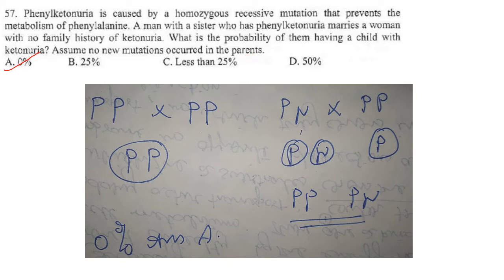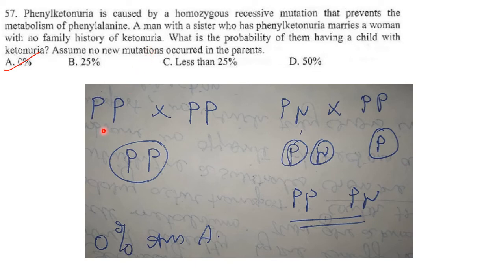So now the man does not have phenylketonuria, but his sister has phenylketonuria. So he can have two genotypes, either capital P capital P or capital P small p. Now what is the probability of them having a child? This man marries a woman who has no family history of phenylketonuria.